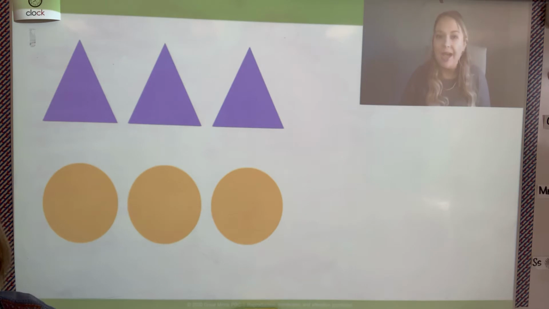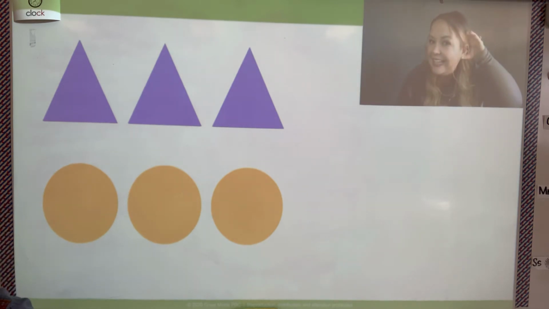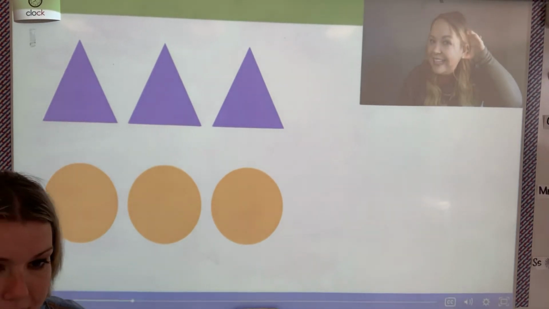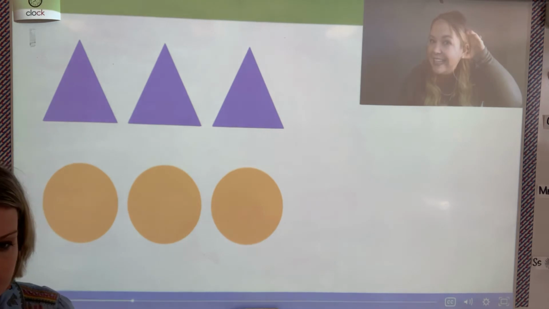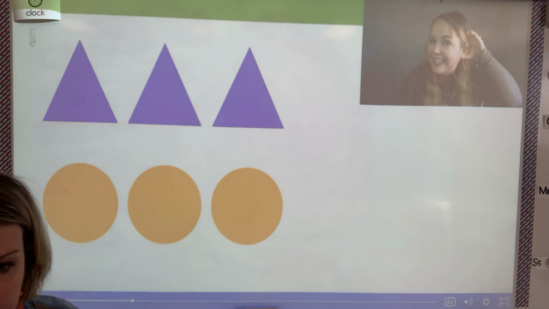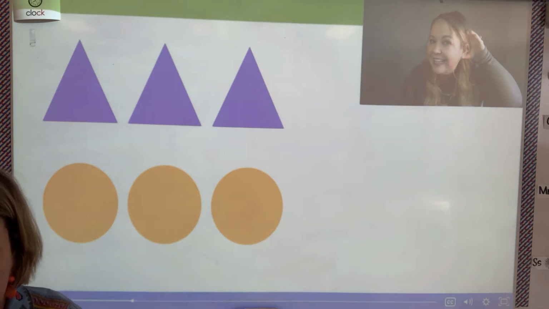What do you notice about the shapes on the screen? Raise your hand and tell me, what do you notice about them? Carolyn? The circles don't have the corners, and the triangles have the corners.